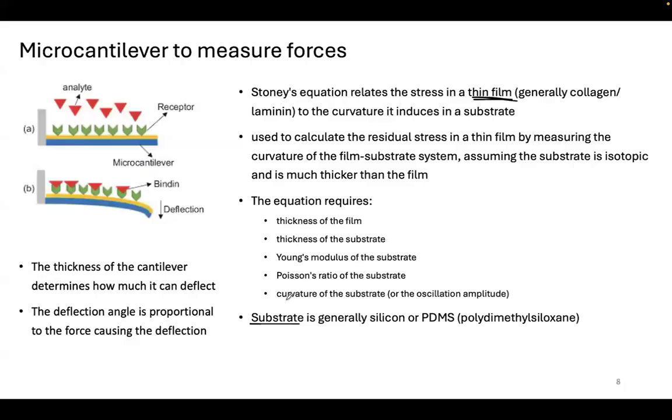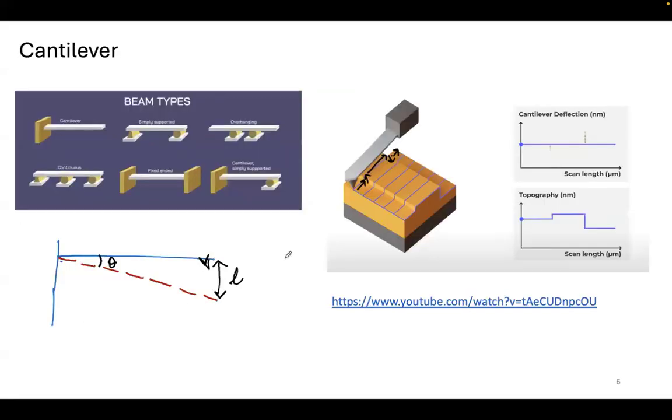The curvature is still this theta or the amplitude. The amplitude is this L, or rather half of the amplitude, because you assume it goes as much up as it goes down. It's sort of like that swimming pool diving board.